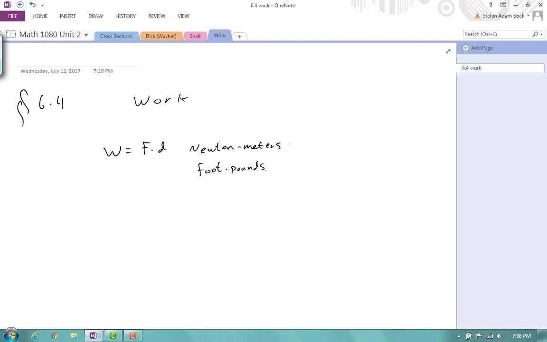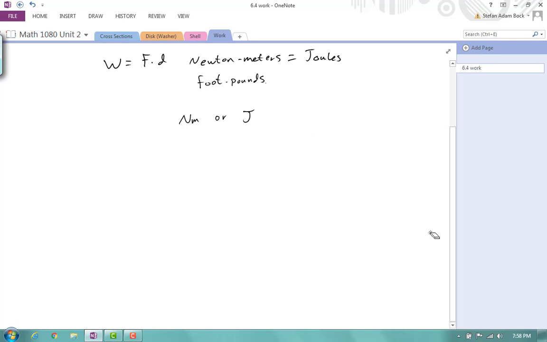But Newton meters also has a different label, which is joules. So we're going to try to stick to metric, and typically Newton meters is abbreviated NM, and joules is abbreviated with a J, capital. So physics has taken care of the simple problems.